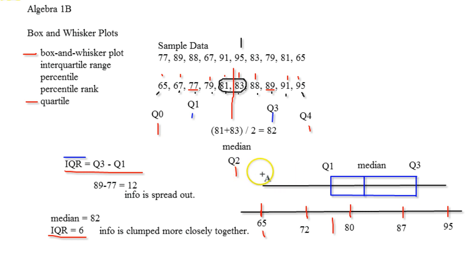So the information between the 0th quartile and the first quartile, that's about 25% of the information, which makes sense because that actually works out that way. Then between the first quartile and the median is another 25% of our data, and same thing here, so 25%, 25%, 25%.